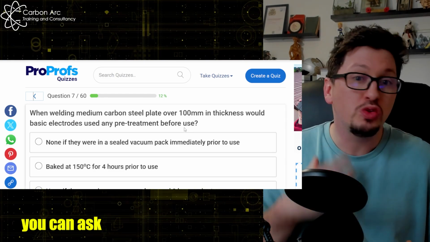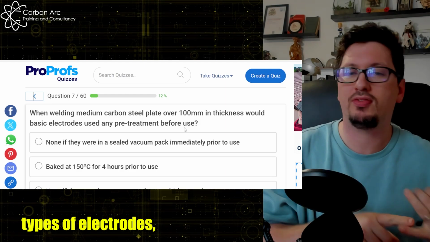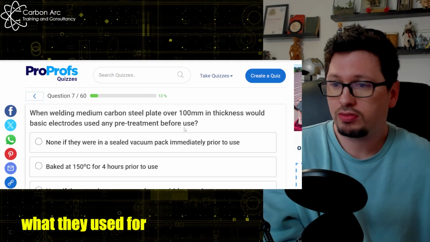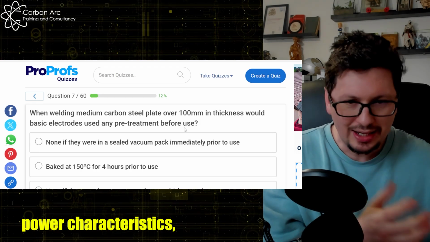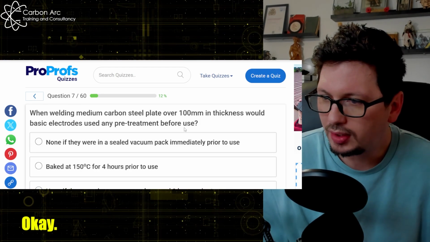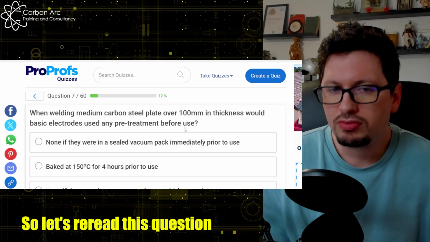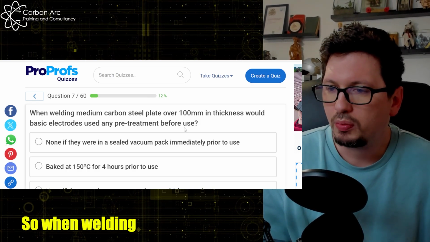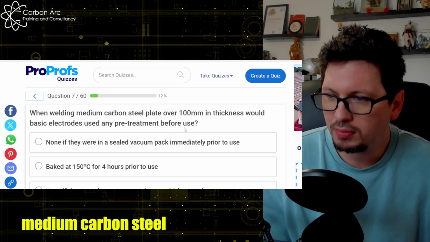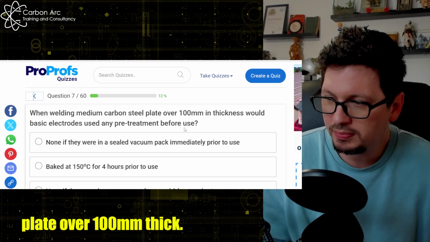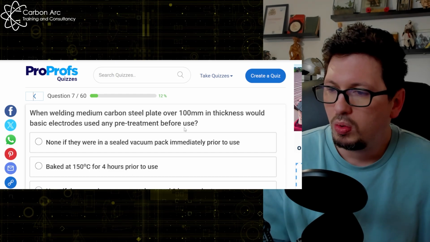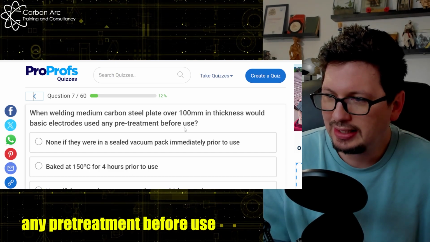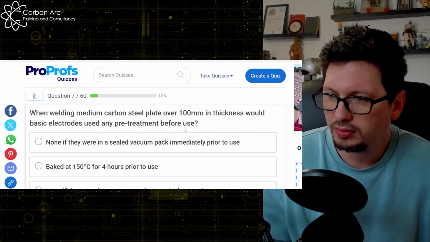There's a lot of things you can ask, whether that be types of electrodes, how they're controlled, what they're used for, power characteristics, all this type of thing. Okay, so let's reread this question and actually see what the question's asking us. So when welding medium carbon steel plate over 100mm thick, would basic electrodes used need any pre-treatment before use? Okay.